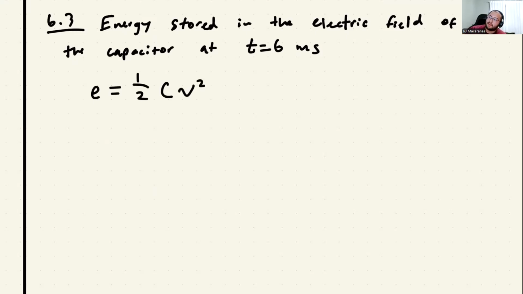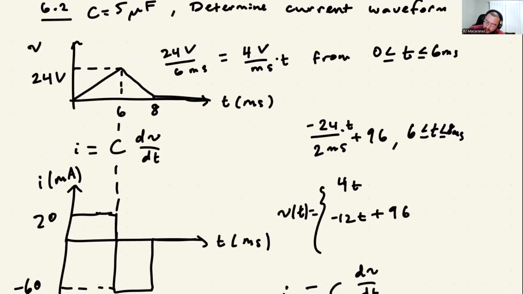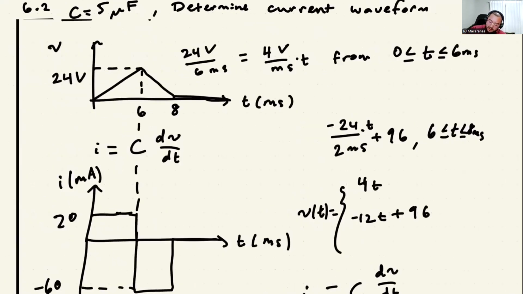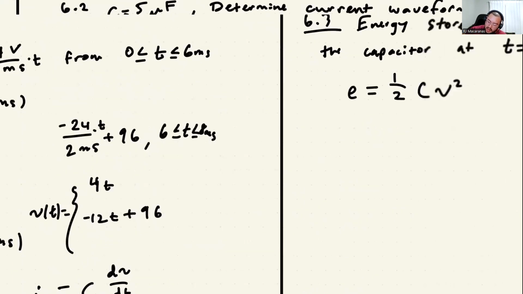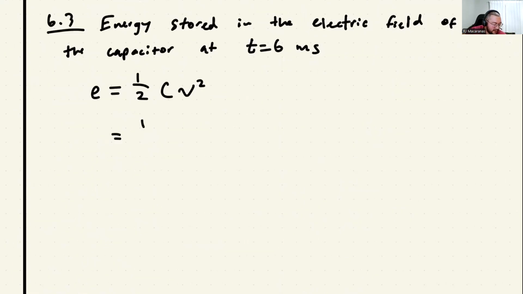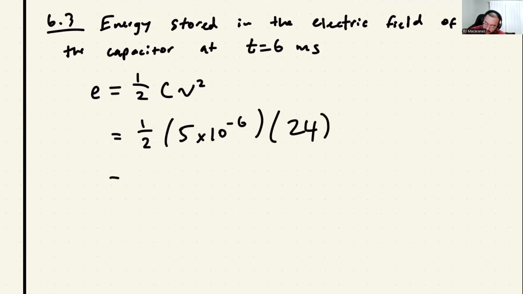That's from the slides, where we derived it by first getting the power and then taking the integral of the power to find the energy. So at time t equals 6 milliseconds, we have the voltage to be 24 volts. So take 1/2 times our 5 microfarads times 24 volts squared. We find that this is 1440 microjoules.